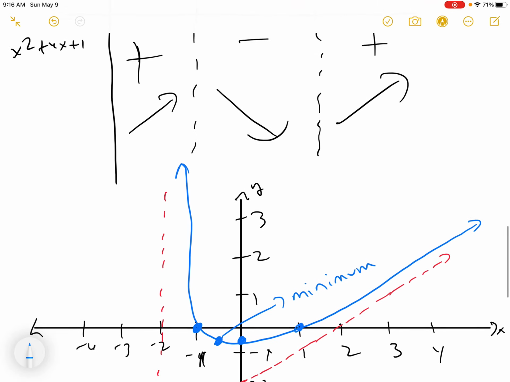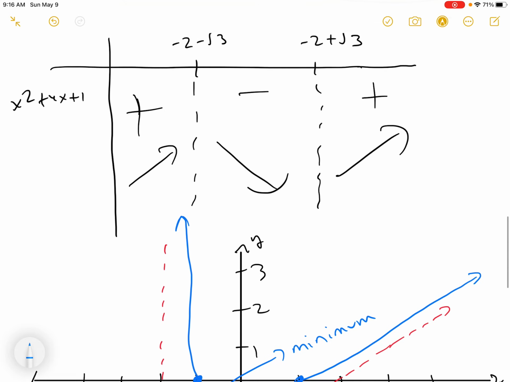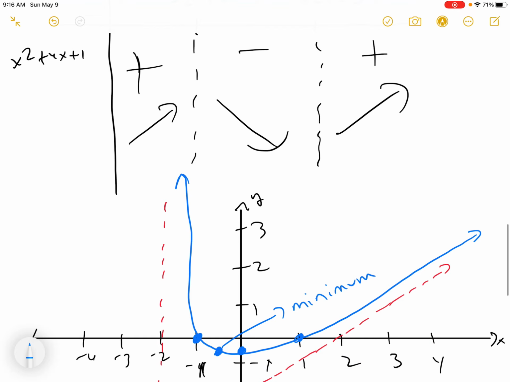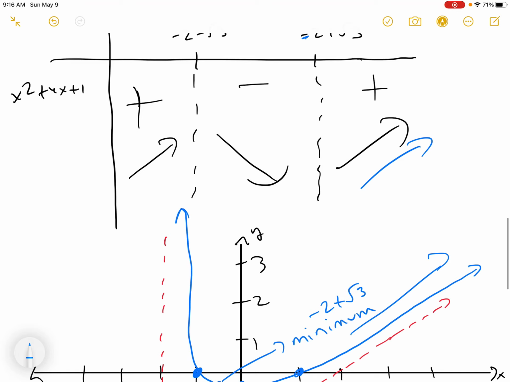And that does match the graph there. So you see this guy's going up, and so is this. And this guy's coming down from above, like that. So that's our minimum, at minus 2 plus root 3.